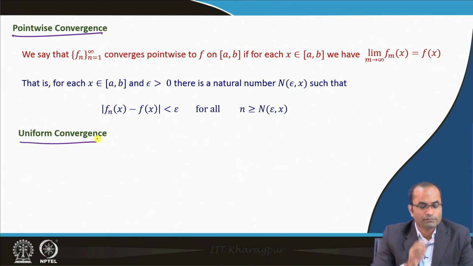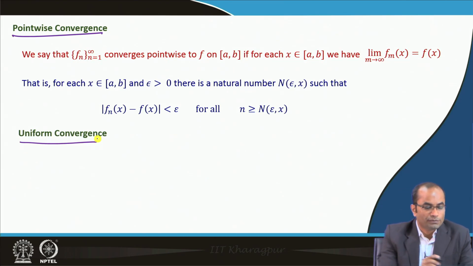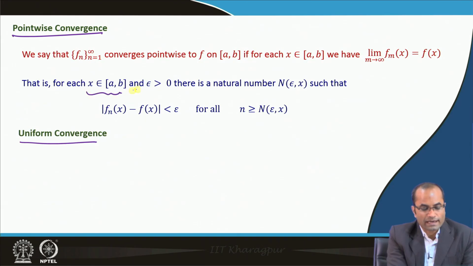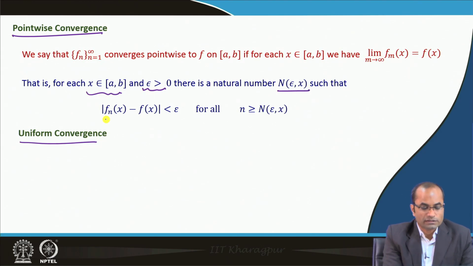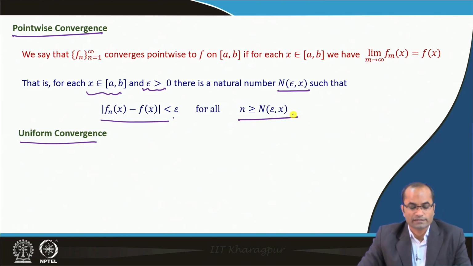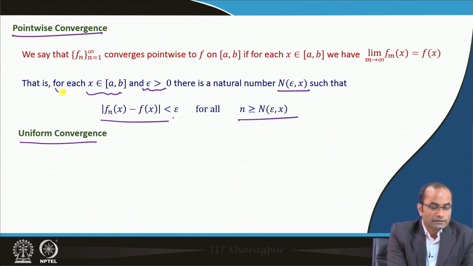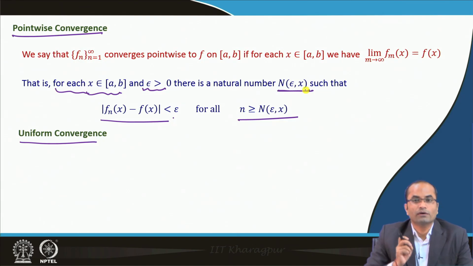Then we will talk about uniform convergence, and there is a slight difference between the two. In pointwise convergence, for each x and epsilon there exists a natural number N which may depend on epsilon and on x, or on both, such that the difference is less than epsilon for all n greater than N(epsilon, x). In uniform convergence, there must exist an N free from x.